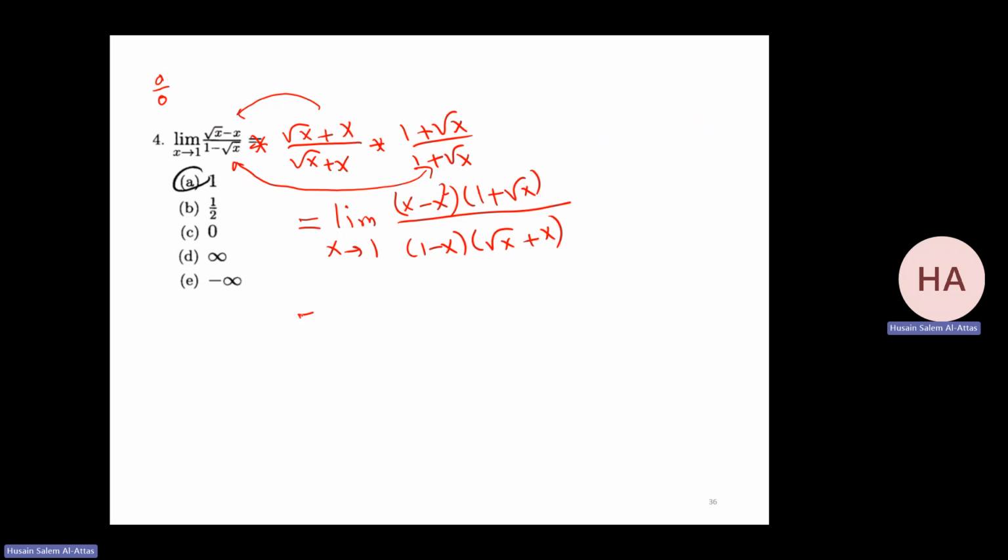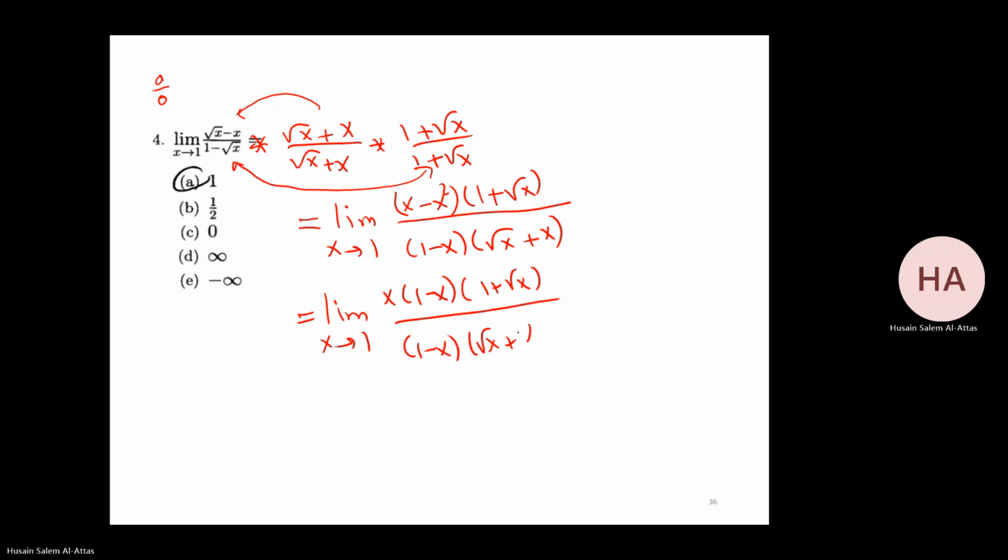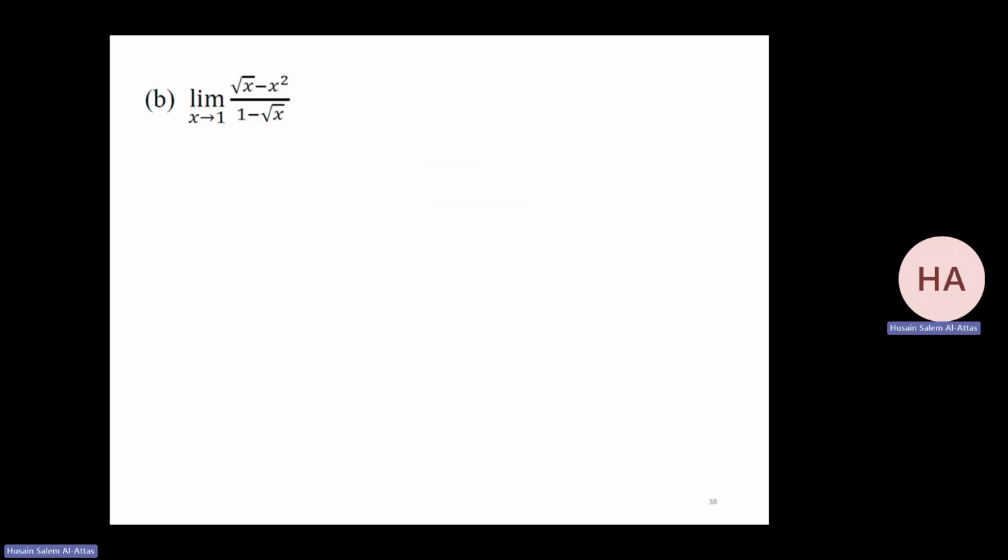Now I need to simplify. I have x times 1 minus x. This is cancelled. I can substitute. I have 1 over 1 plus 1, 1 over 2. That will be 1. So the answer is 1.